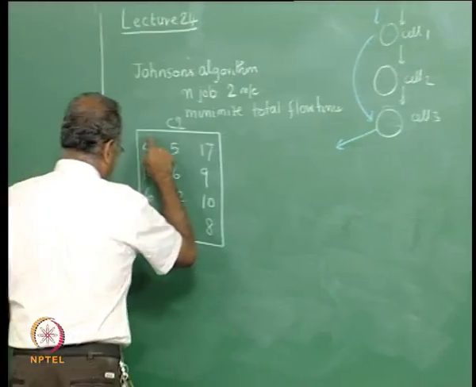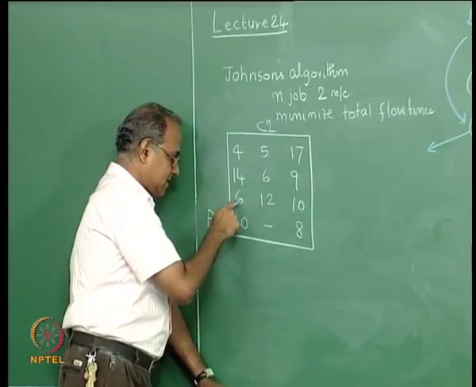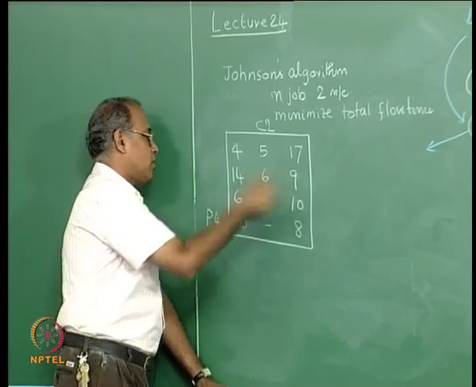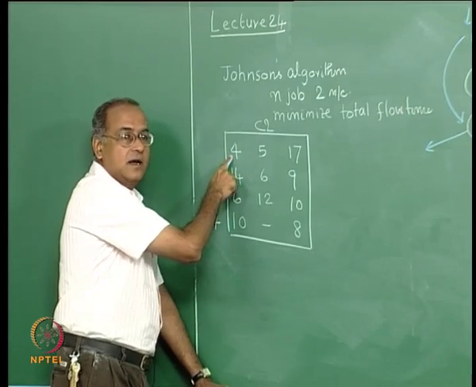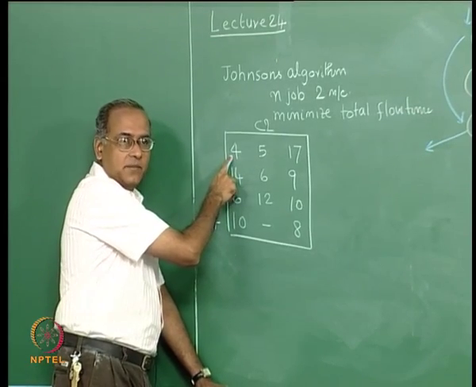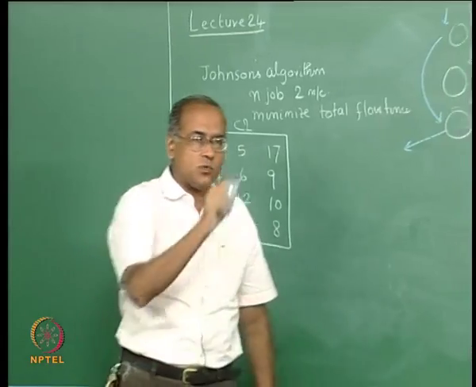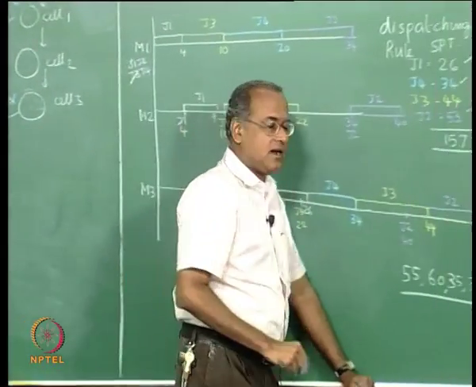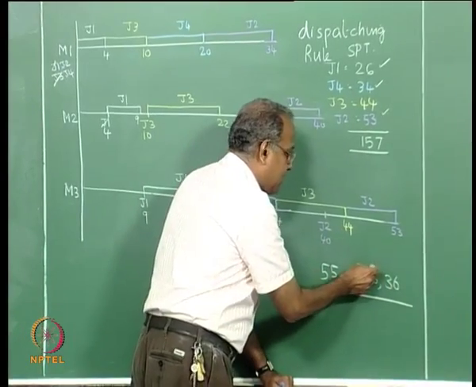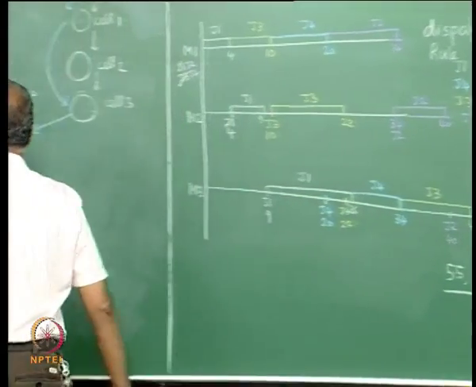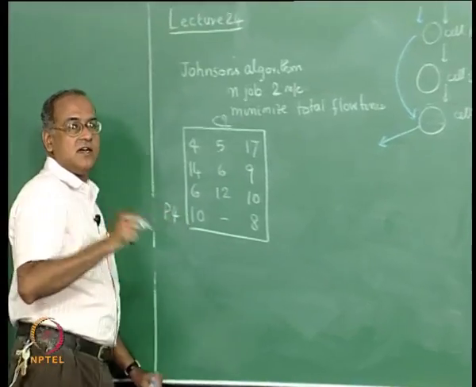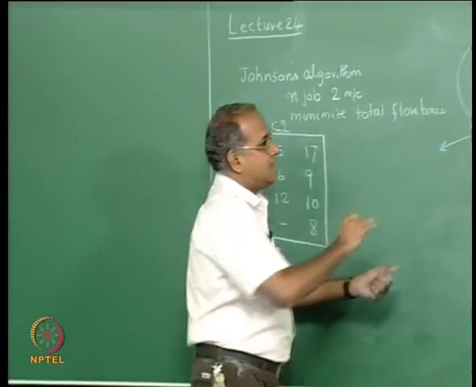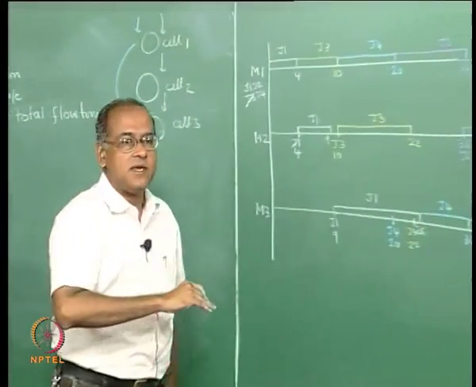The times were 4, 14, 6 and 10. We chose job 1 because it had the smallest processing time. If we were to choose one of these 4 based on the earliest due date, the earliest due date is here for J3, and we would have chosen J3 first instead of J1, and the entire Gantt chart would have been very different.